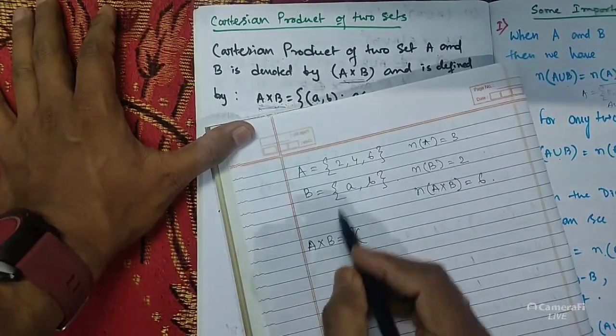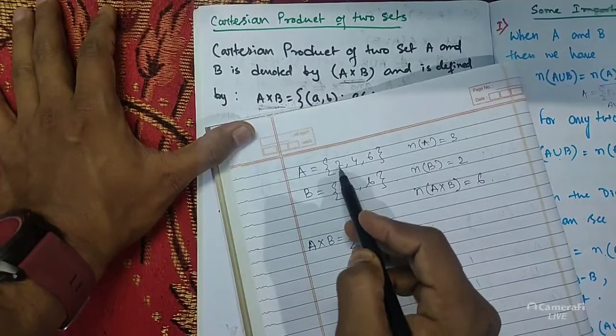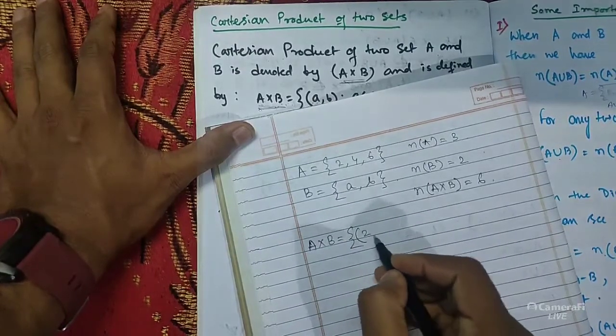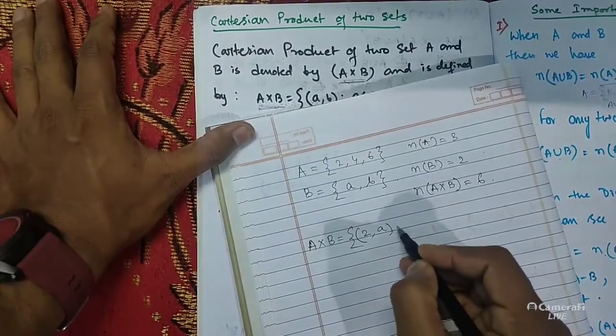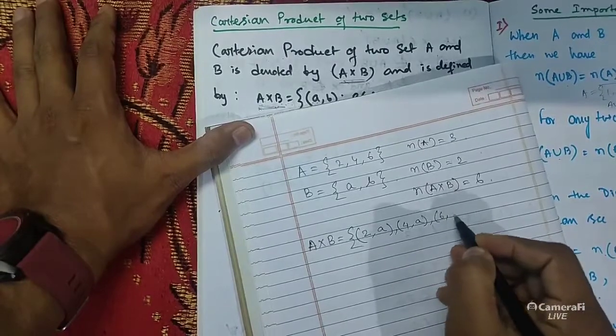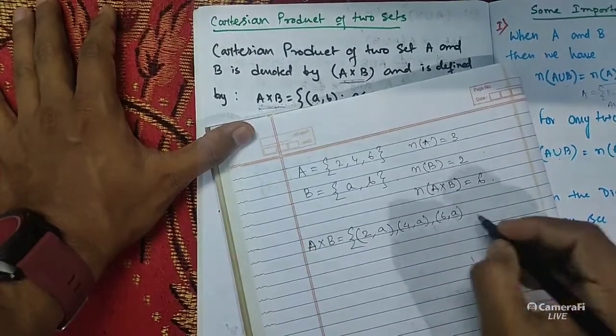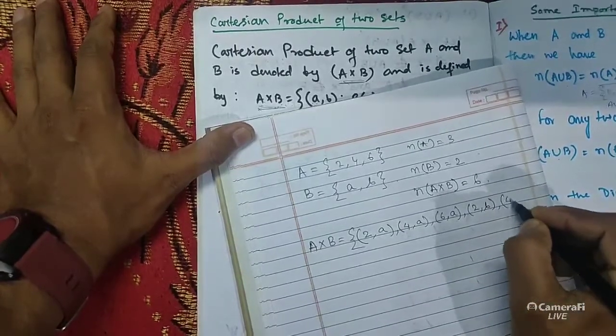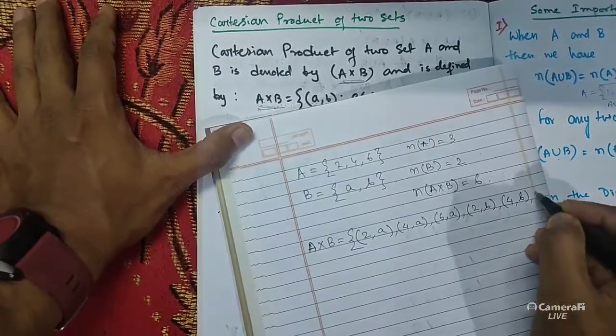See, A cross B means the first element comes from the first set, A set, and the second element comes from the B set. So 2 comma a, 4 comma a, 6 comma a. Similarly 2 comma b, 4 comma b, 6 comma b.